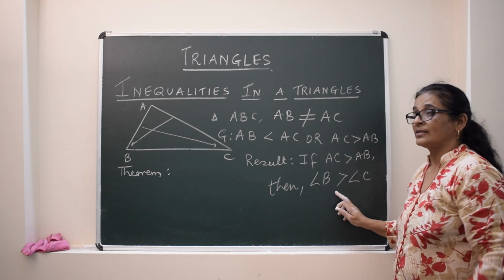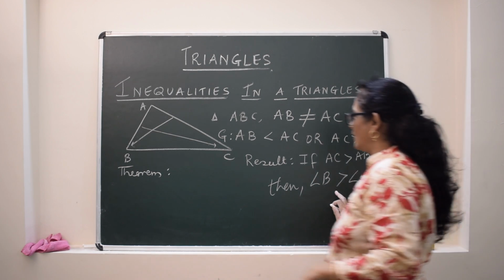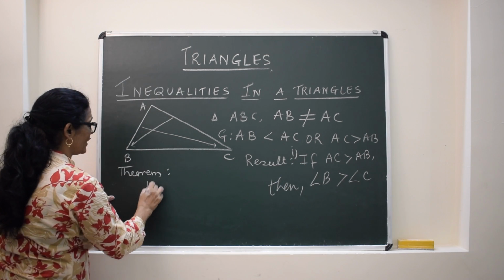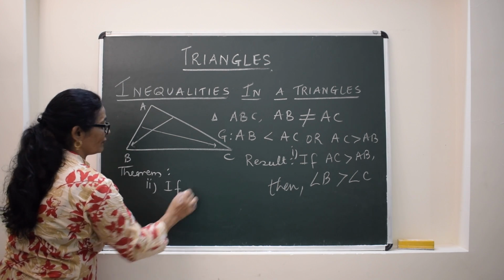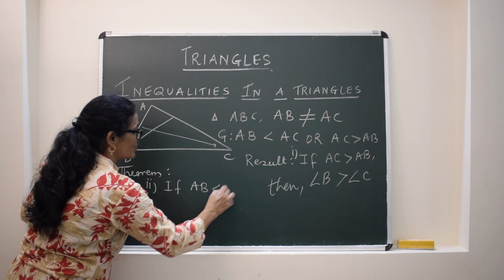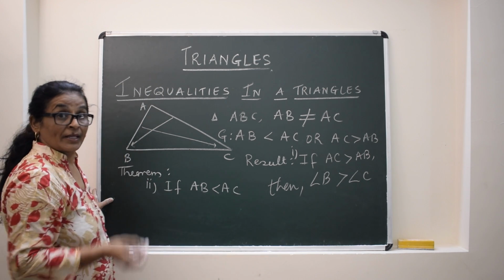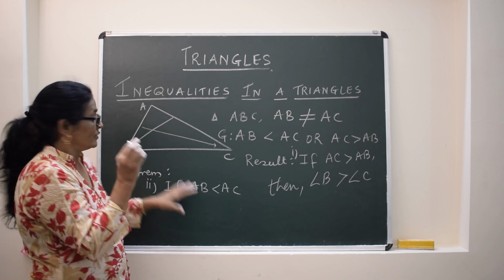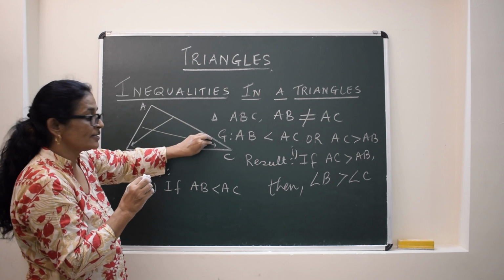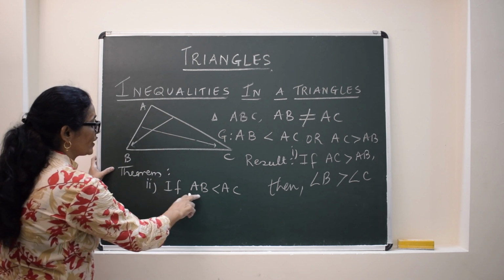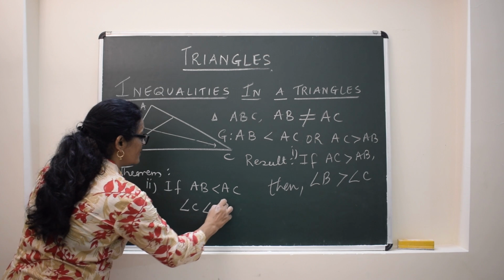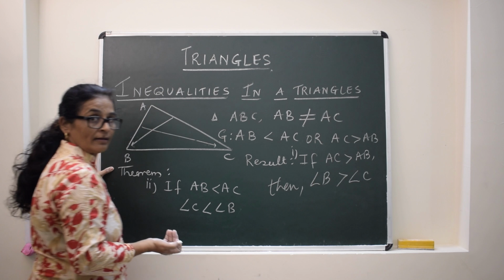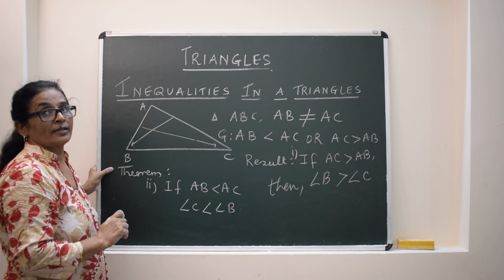The same result can be written in a different way also. That first is this, and the second point can be written as: if AB is smaller than AC, then the angle opposite to this AB will be smaller. So in front of this AB, which angle is there? Angle C. So you can write angle C is less than angle B. Either you say it in the form of greater than or in the form of less than, both are correct.